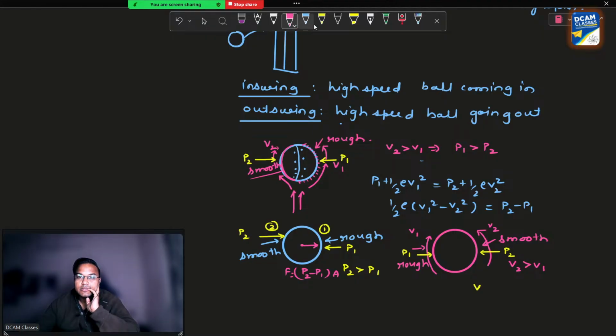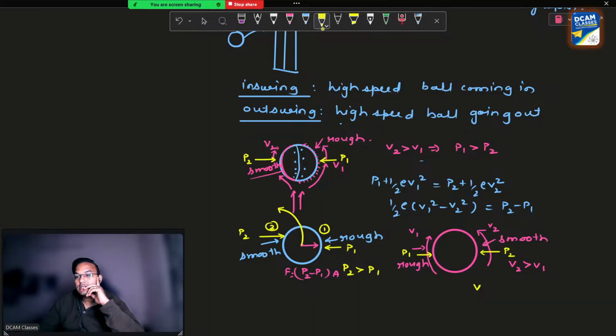In that case, this is smooth, this is rough. That means the ball will move towards the left.